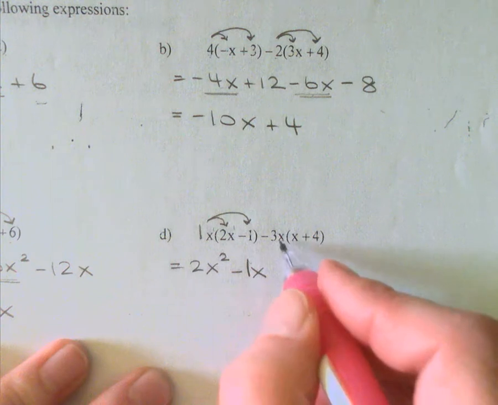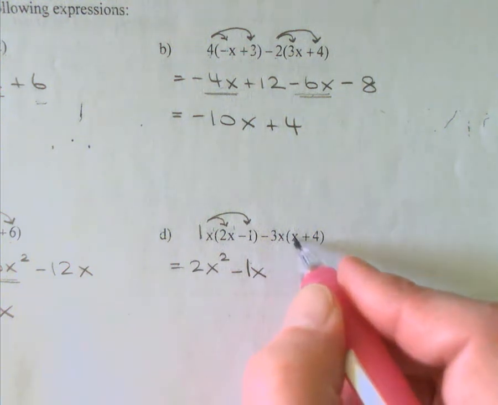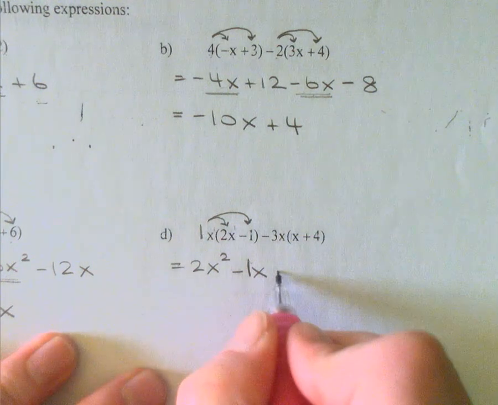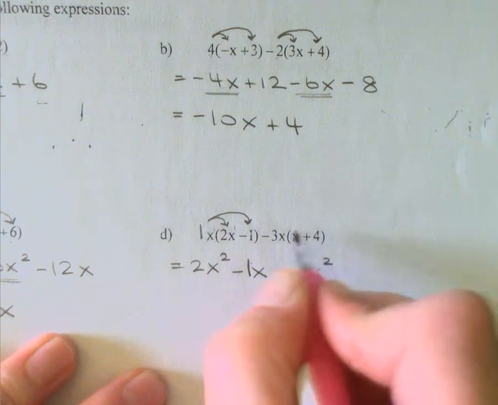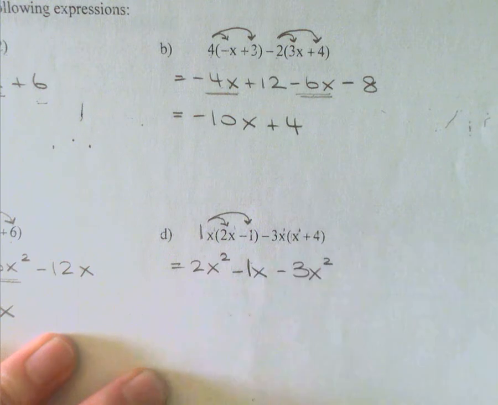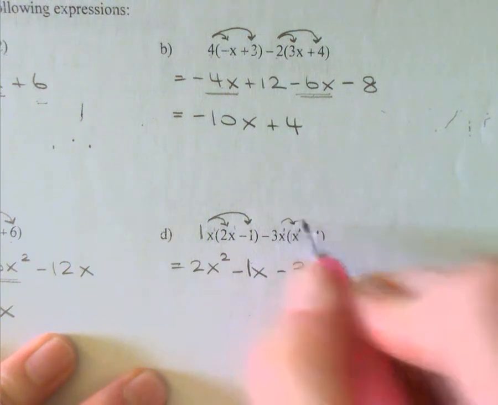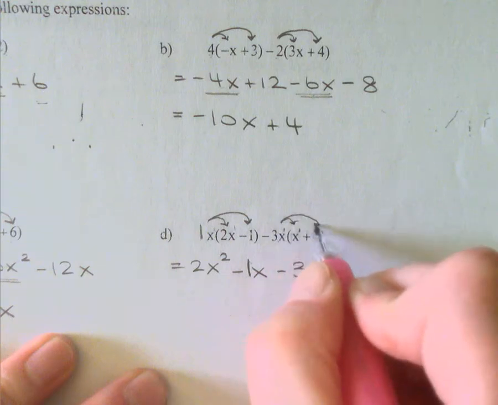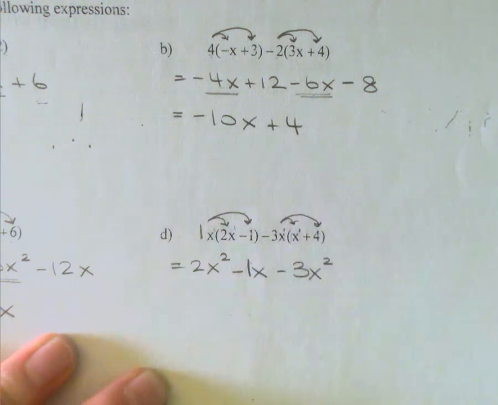And now I'm going to do minus 3x times x. So this is really like a 1. So I have minus 3x squared because I'm going to add this one with this one. And now I want to do minus 3x times 4 because I want to multiply this minus 3x with everything in that bracket.